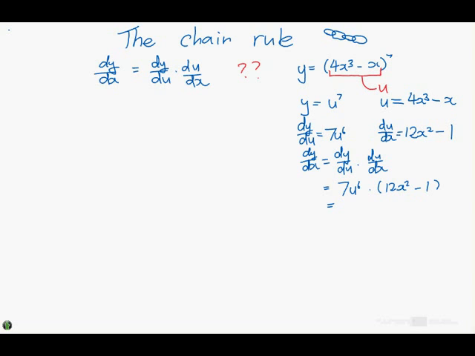So we can call this 7 times 4x cubed minus x to the power of 6 times 12x squared minus 1. And that can be our final answer. Do you see how all that happened? Not very hard. In fact, once you pick u, the rest of it is super mechanical.